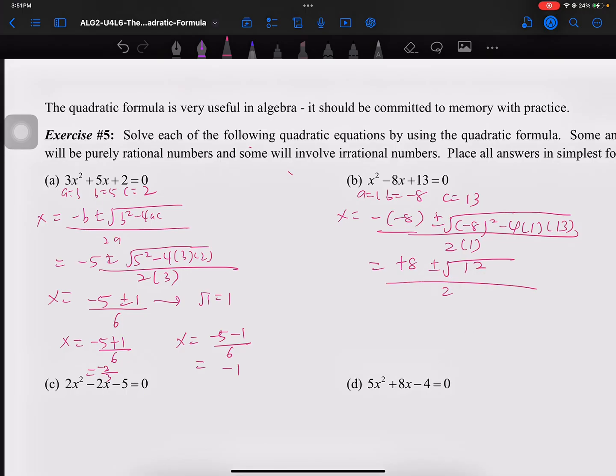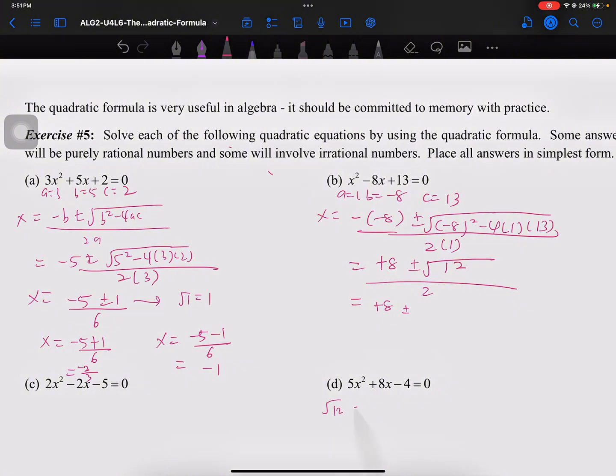Okay, so the square root of 12, I can make it smaller too. The square root of 12 is actually the square root of 4 times 3, which is root 4 times root 3. It is 2 root 3. So here, 2 root 3 over 2.